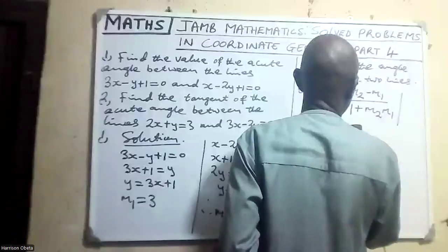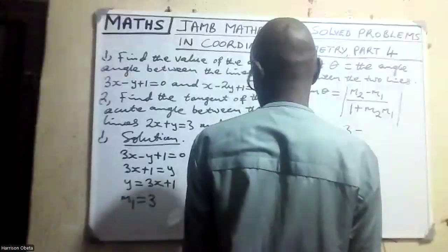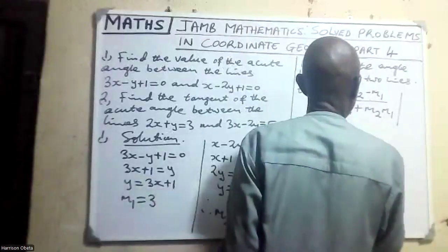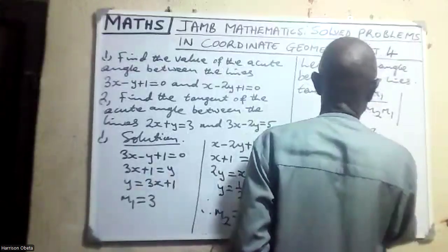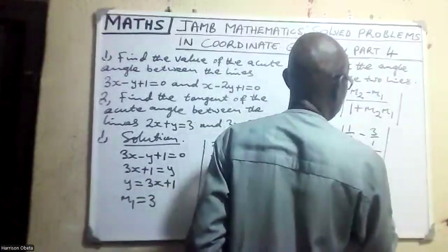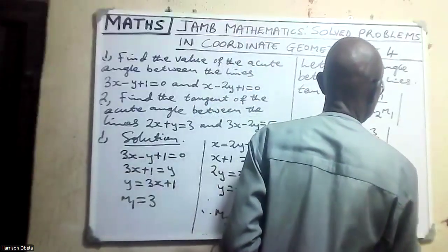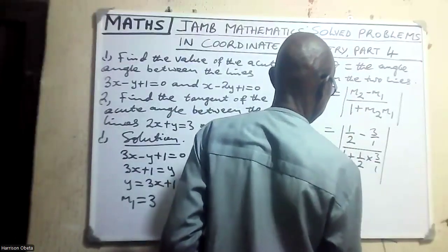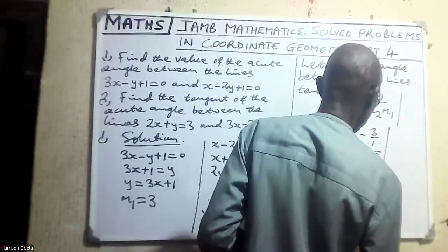So we have half minus 3 all over 1 plus half times 3 over 1. Moving on, the LCM is 2.